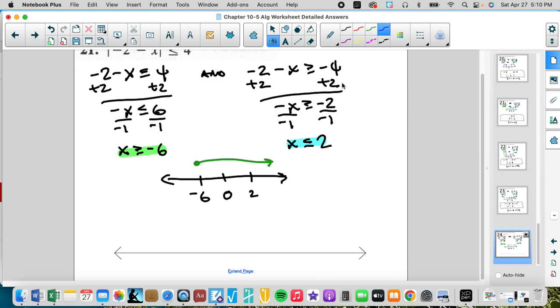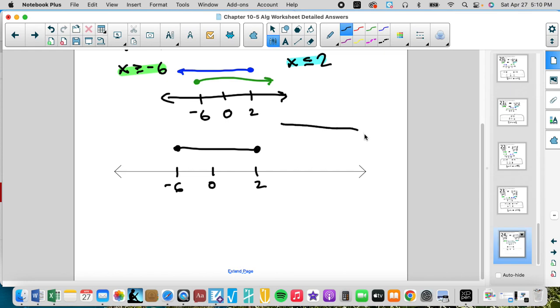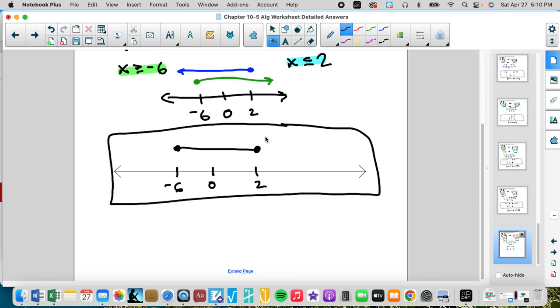X is less than or equal to 2. Well, that wasn't very sophisticated. That looks just like every other problem. As we see, we're not really getting too sophisticated, we're just doing the plain Jane regular ones. So negative 6 is less than or equal to x, which is less than or equal to 2.